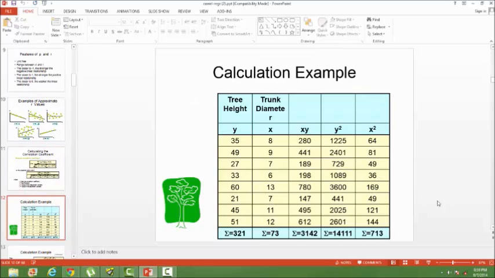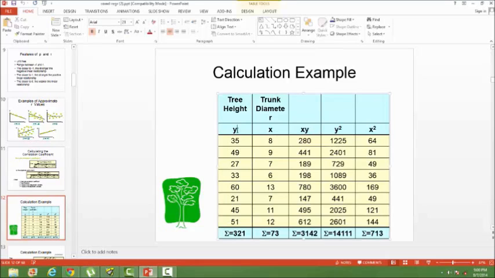So an example. We have the height of a tree and the diameter of its trunk. Height is taken as y and diameter is taken as x. First thing you do is take the summation. So summation of y is 321, summation of x is 73. You multiply them and then again take the summation. You square them and take the summation.